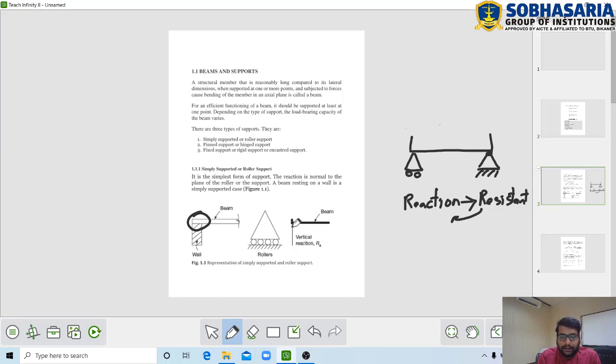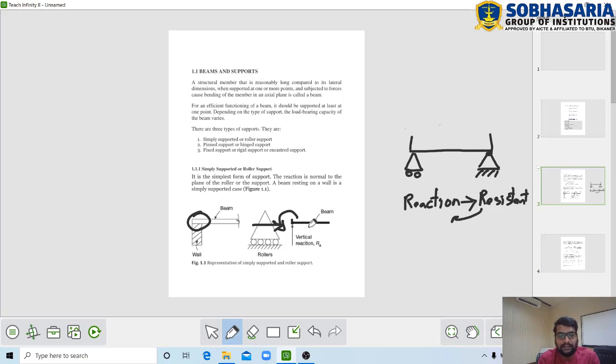vertical reaction, it means the beam shown here can take movements, movement is allowed, and since it is a roller support, the horizontal forces will not be resisted. Means if there is any force along its longitudinal axis, the beam will displace.